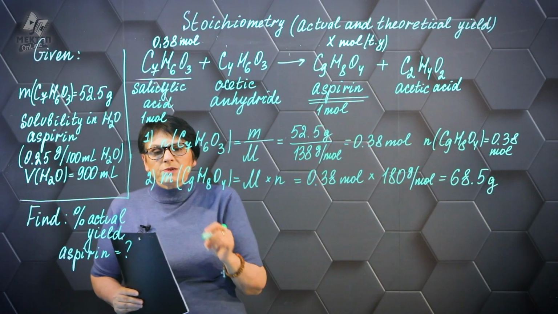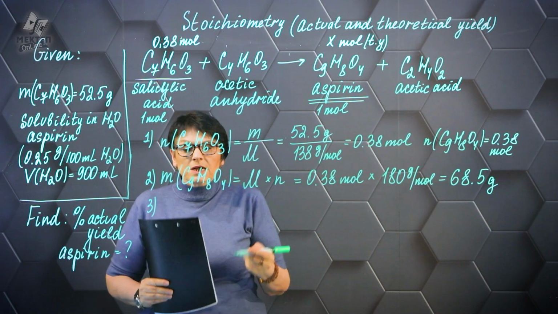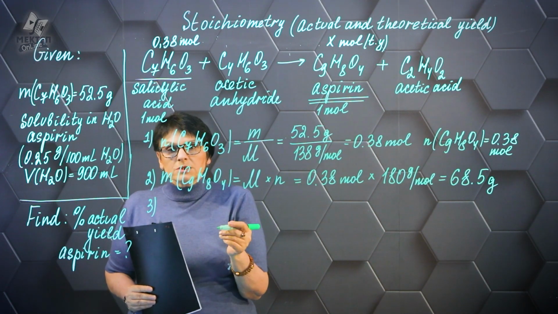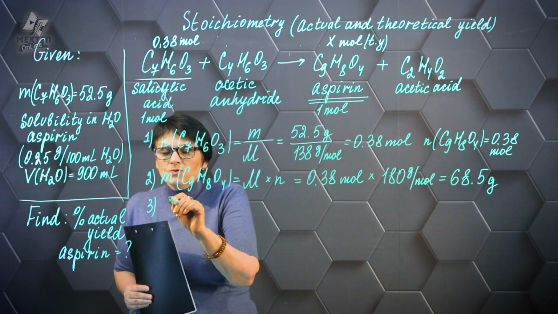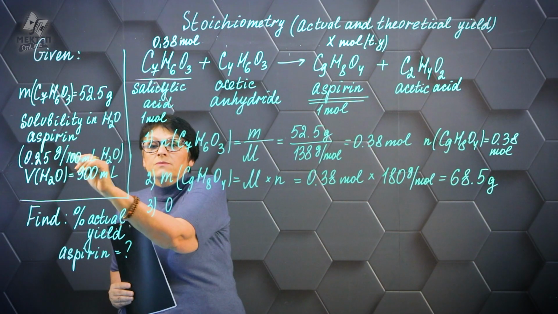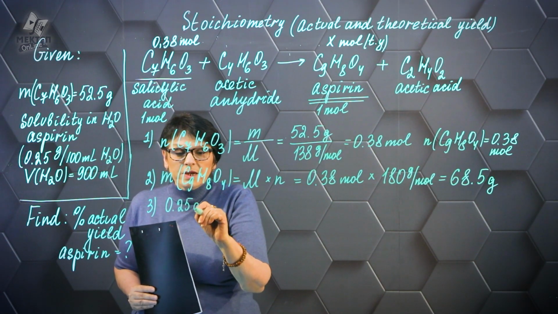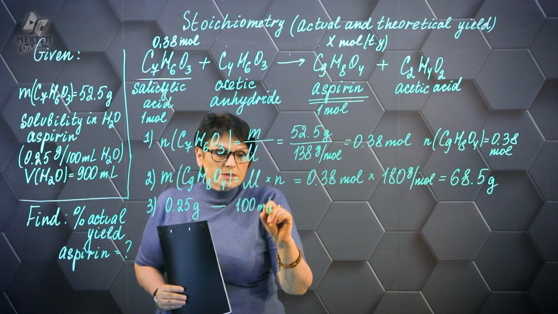But we are told that there is a loss, because aspirin dissolves in water when it is extracted from this reaction mixture. And then we have to calculate how much aspirin is lost. So we use our given solubility value. It is lost 0.25 grams per 100 milliliters of water.